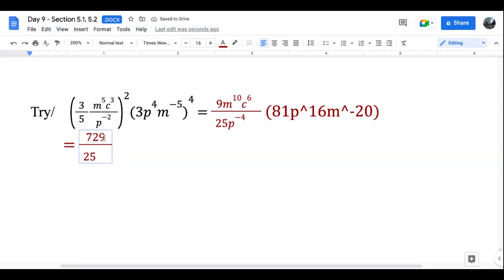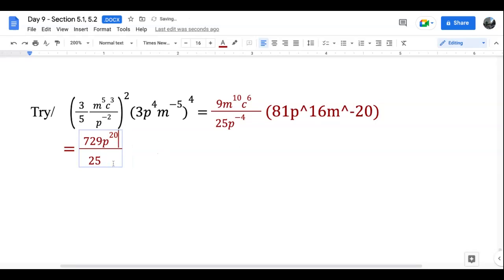Okay. Then we have p to the 20. For the p to the negative 4, flip to the numerator, p to the 4, then times p to the 16, that's p to the 20. Then m, oops. What about m? M to the 10th power times m to the negative 20 power.